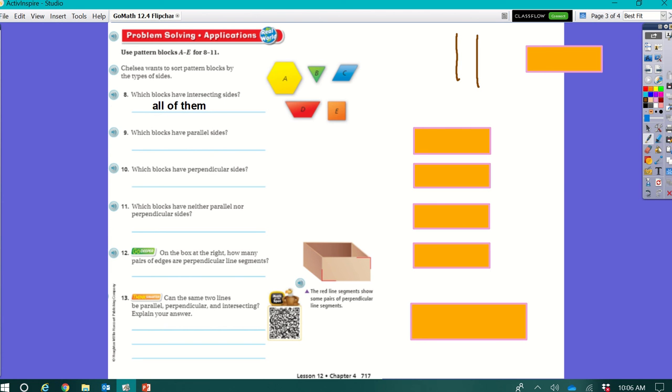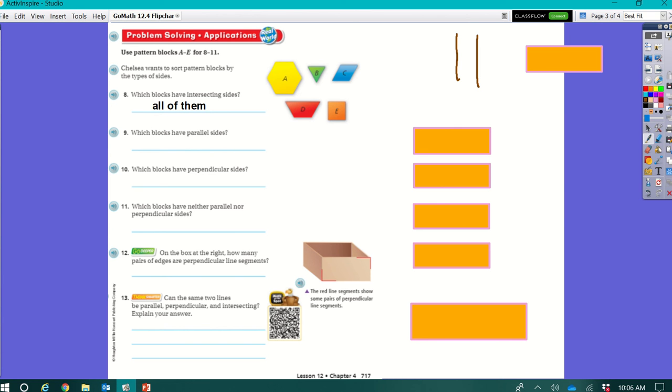So I want you to look at A, B, C, D, and E, and see if those shapes have parallel sides. You can pause this video and take your pencil and see if there are opposite sides that are parallel, and then press play when you're done.